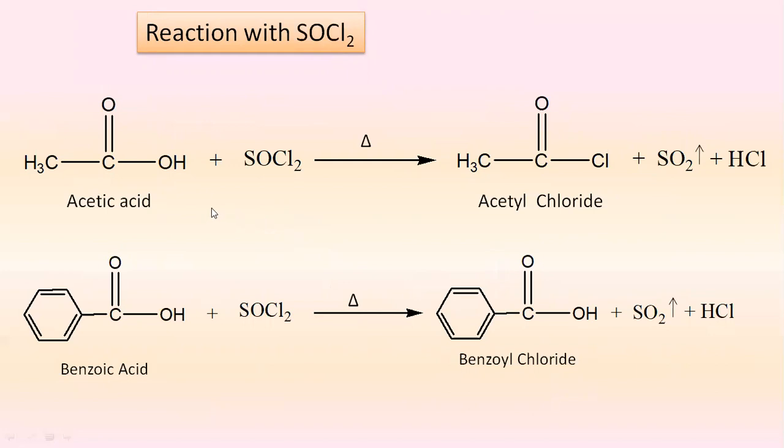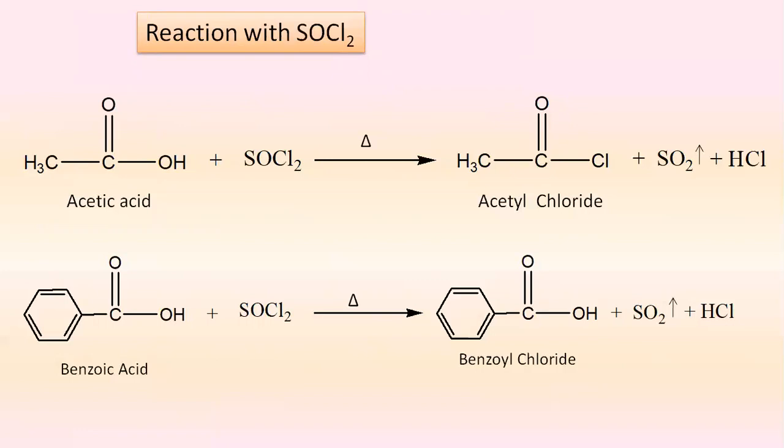Reaction with thionyl chloride. Thionyl chloride is mainly preferred for the formation of acetyl chloride, as when you use thionyl chloride, SO2 is removed in gaseous form, and HCl is also removed very easily by the distillation process. Therefore that process is very important for the preparation of acetyl chloride or benzoyl chloride.